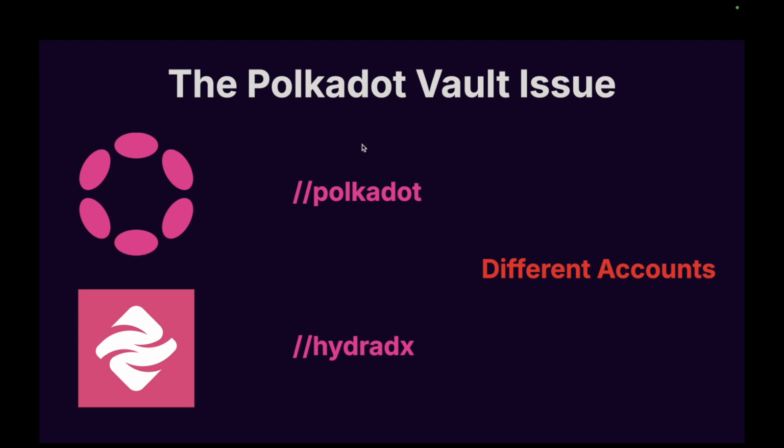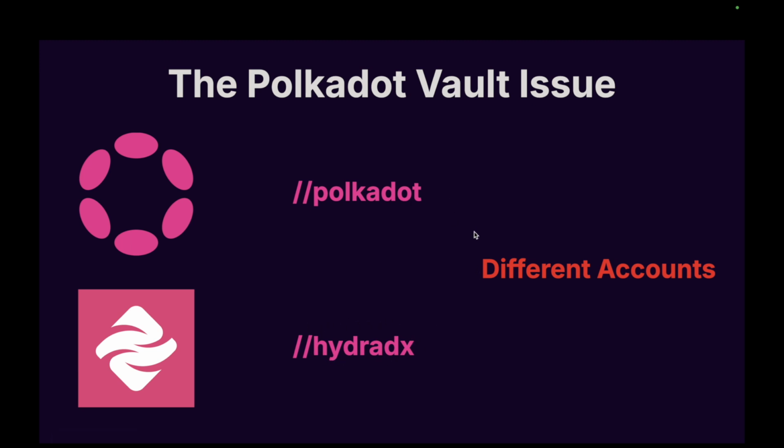So for example here, the scenario that I see a lot is people with DOT on Polkadot using the /Polkadot derivation path. They then transfer it to HydraDX and try and use the /HydraDX derivation path. And I know HydraDX is being changed to Hydration, but it uses this derivation path by default in Polkadot Vault currently.